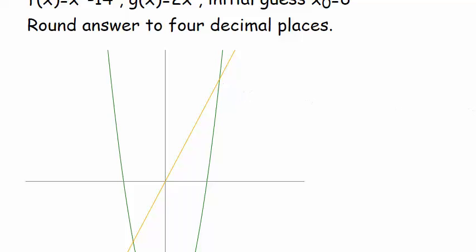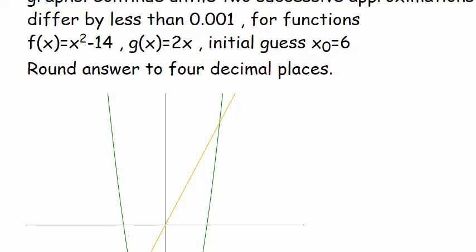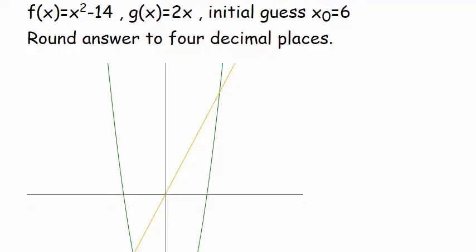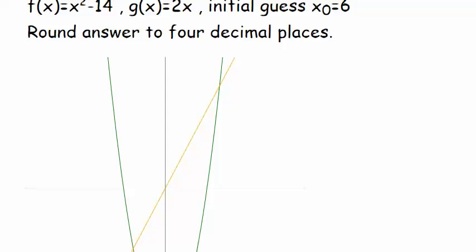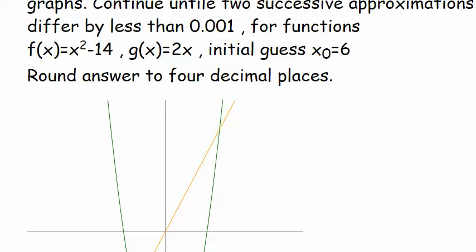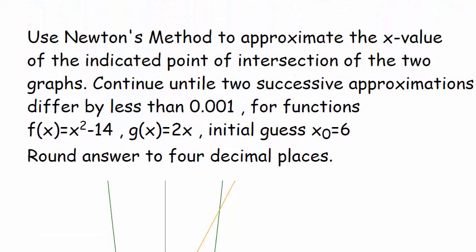If we have issues where we can't solve for x, it's beyond the quadratic formula, like to the 5th power or something terrible, we'll want to use Newton's method to find where these two graphs are intersecting. So that's one of the cool applications of Newton's method.